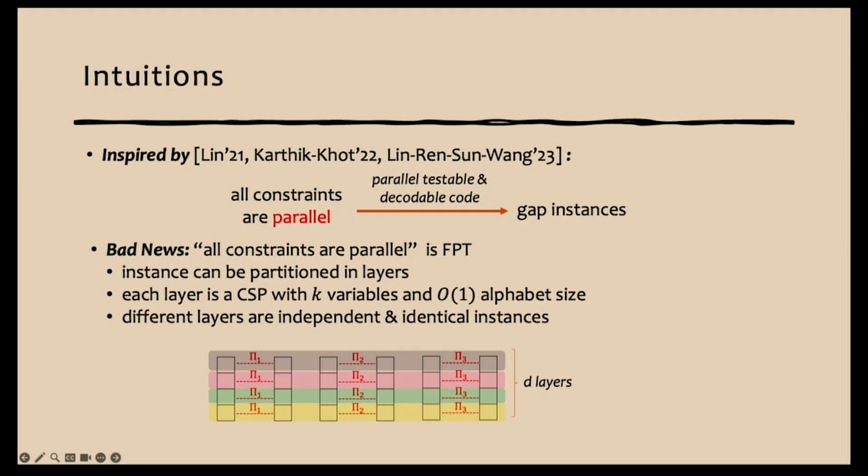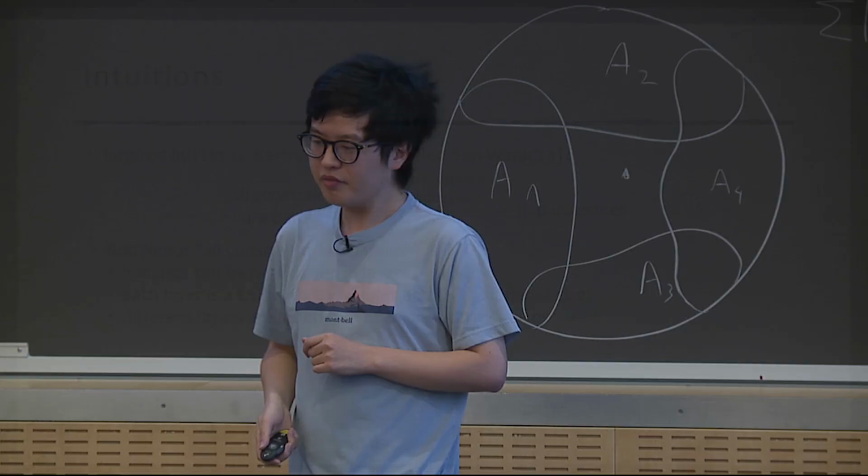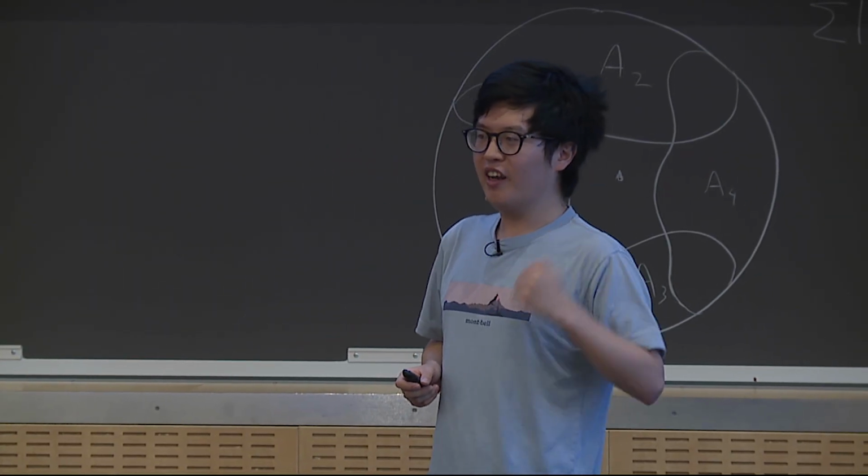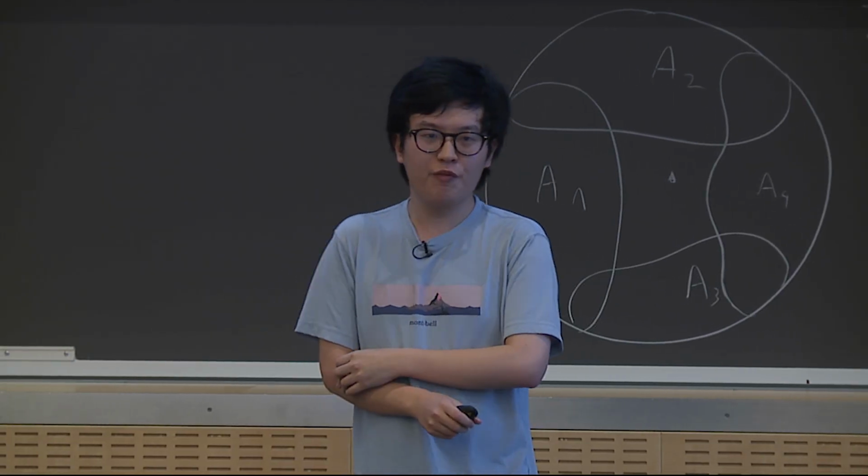It can never be ETH-hard because the CSP instance can be partitioned into layers, and each layer is just a sub-CSP with only k variables and constant alphabet size. Different layers are independent, and they are actually identical instances because the same constraint set is applied to every coordinate. So we can solve this CSP layer by layer, and it's a very efficient FPT algorithm.